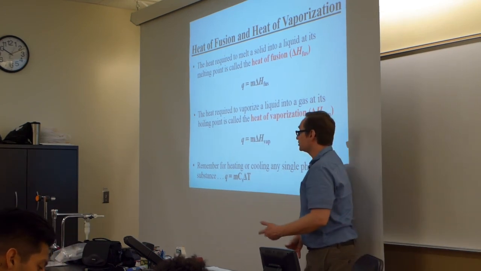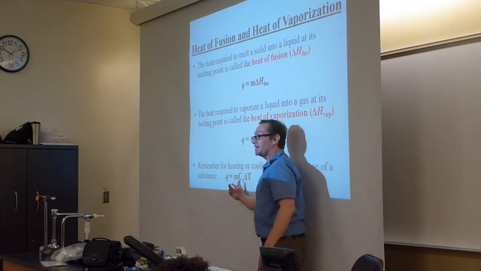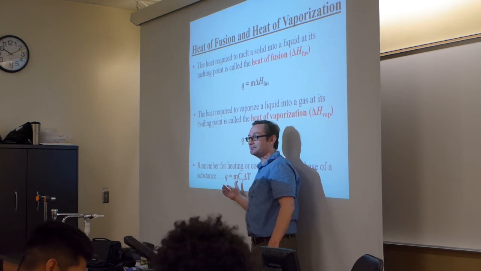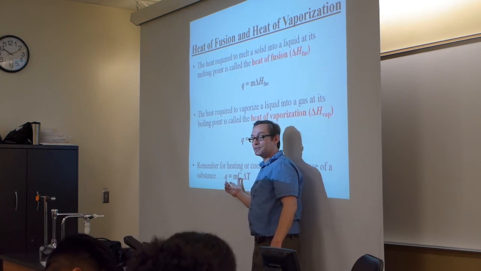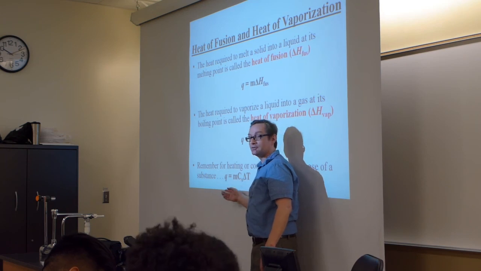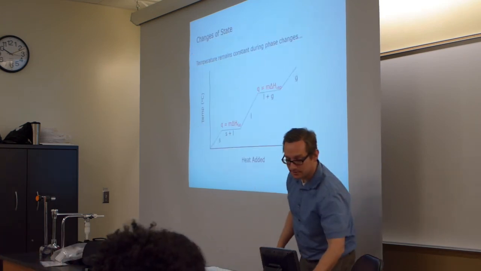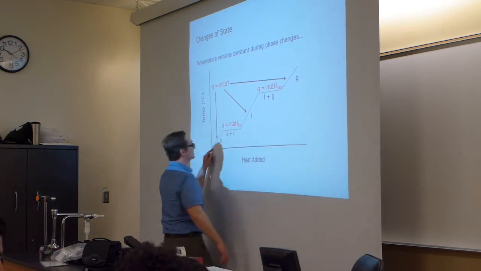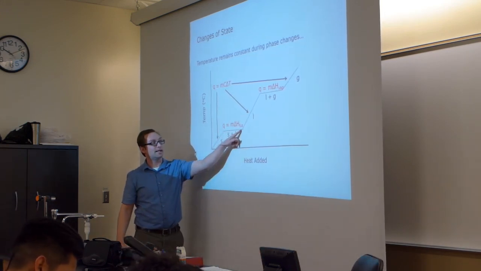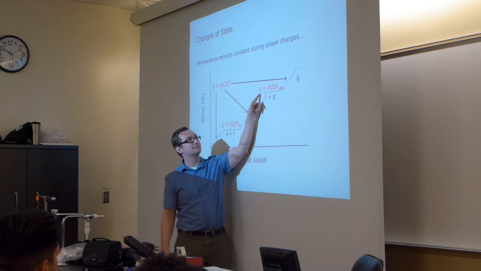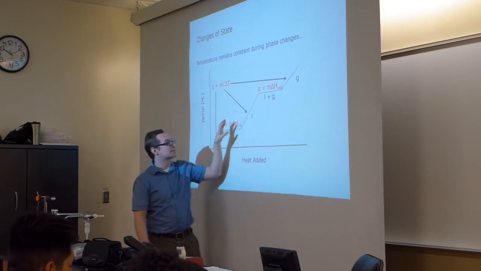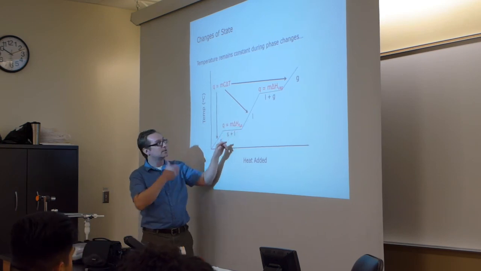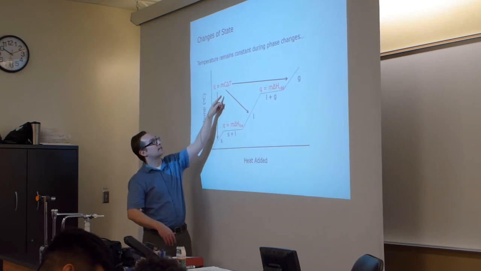Remember though, when the temperature is going up, you can use mcΔT. Does this maybe ring a bell from Chem 107? We had phase changes in that class too. It's mcΔT for the rising parts, and m delta H for the phase change parts. So phase changes are here, temperature is constant. That's why there's no delta T in here. But for the temperature rising, now we have delta T.